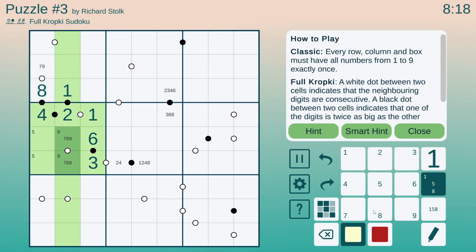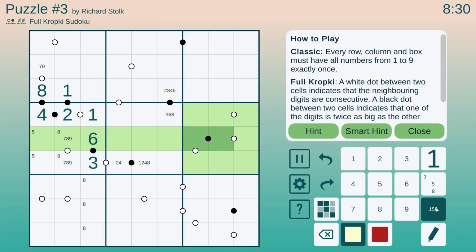Since 8 is in here, 8 is somewhere in here. Presumably that's helpful in some way. This 6 negates the 3-6 possibility in here. So that's 1, 2, 4, 8. This can't be 1 because it would force 2 2s in the same cell.